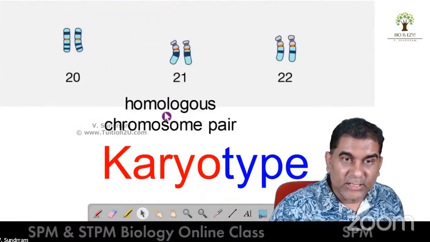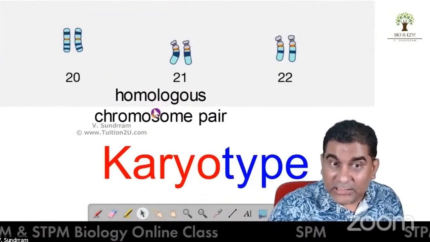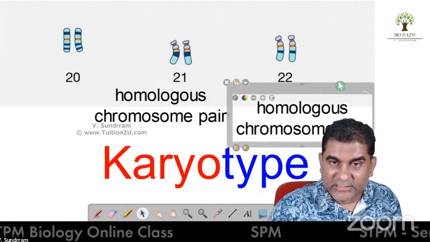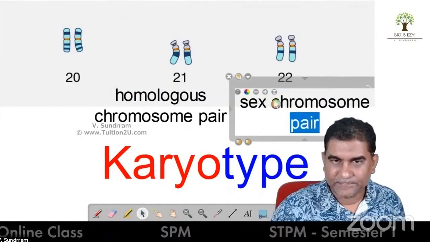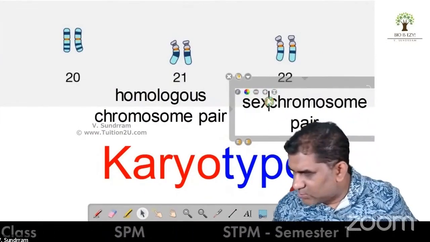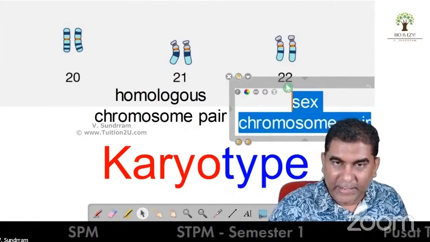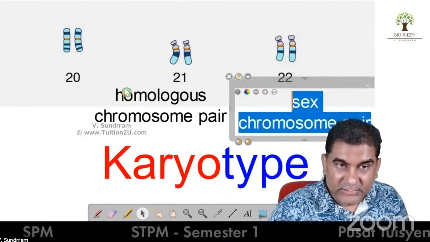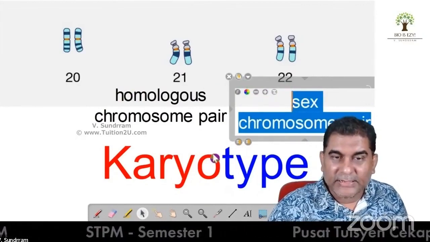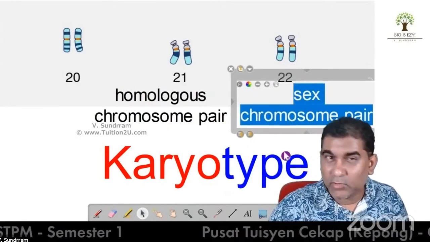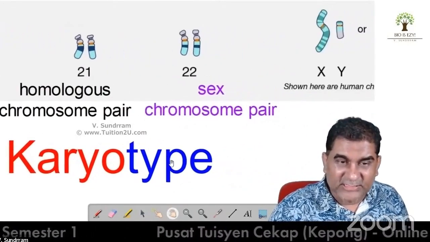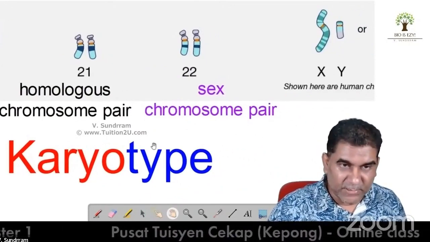What happened to the last one? The last one is known as the sex chromosome pair, because those two chromosomes determine the gender of the human. Oh, it's the wrong place.